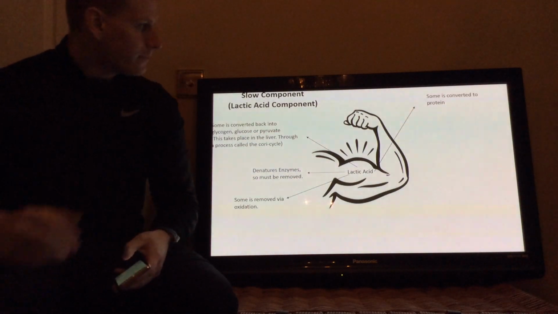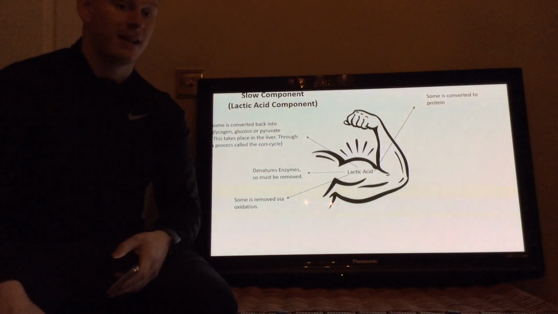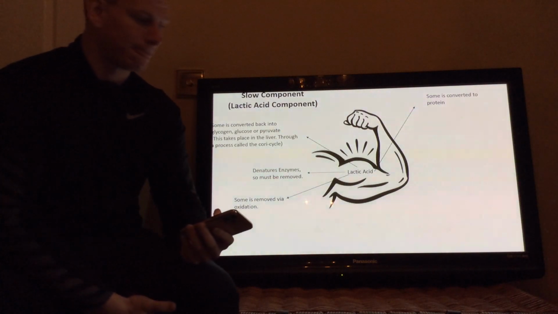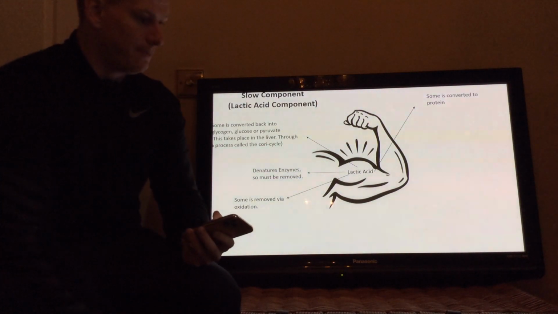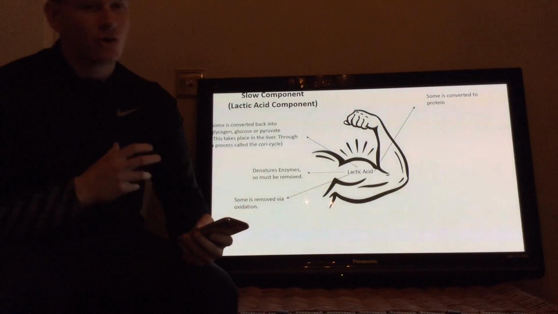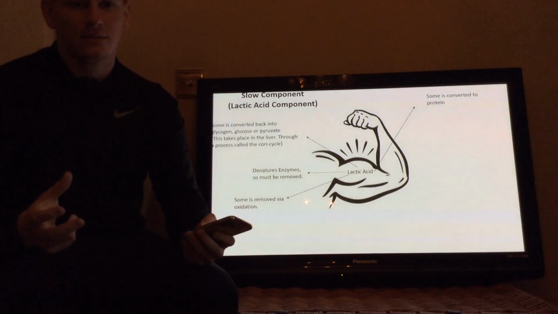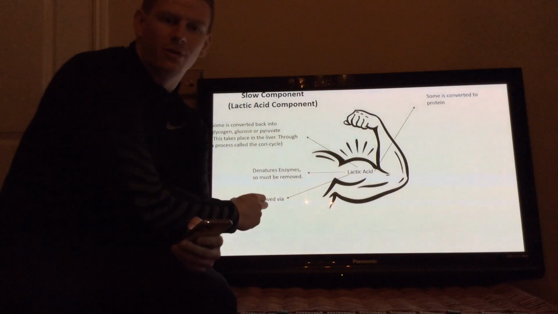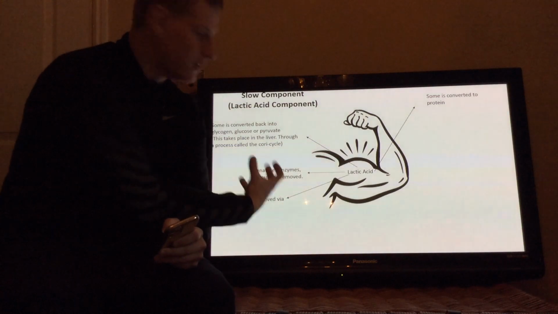Then, some of it gets converted back into protein. It's going to help to support the process of recovery after exercise. So this isn't so much a process, but it's something you just need to remember that happens. So some can get removed via oxidation, is exposed to oxygen.